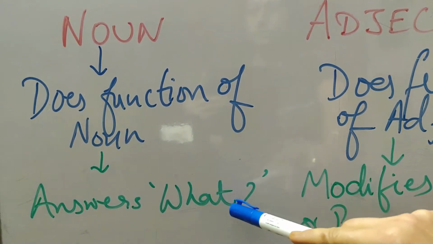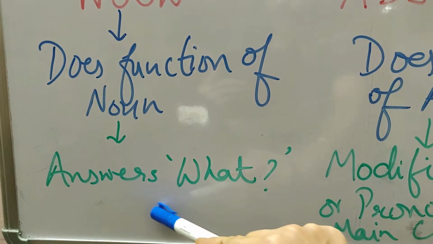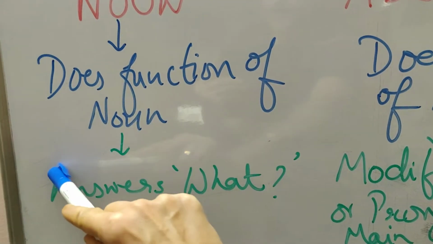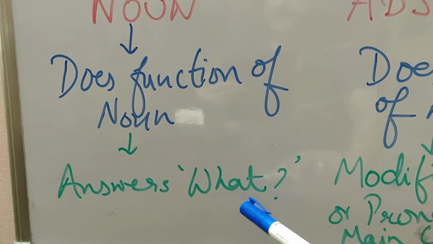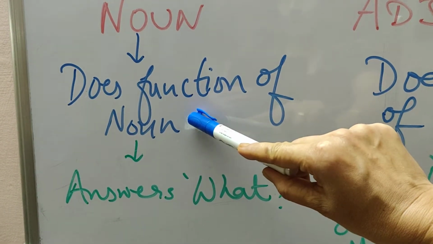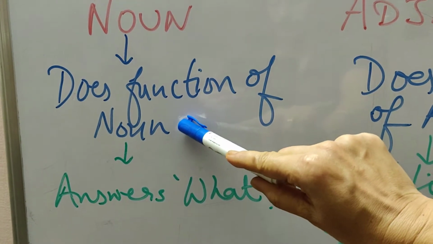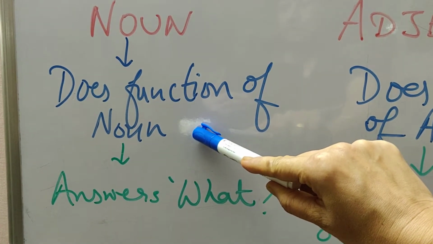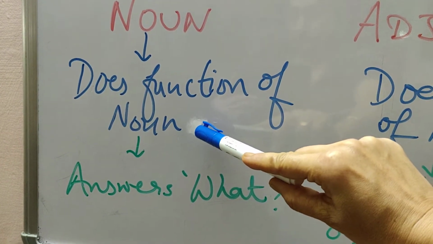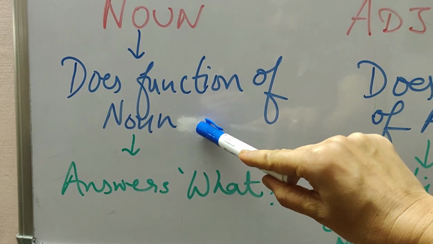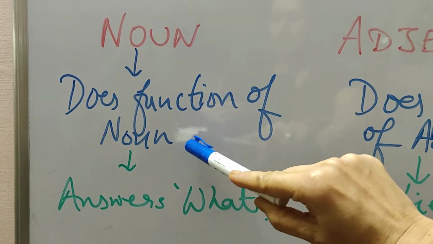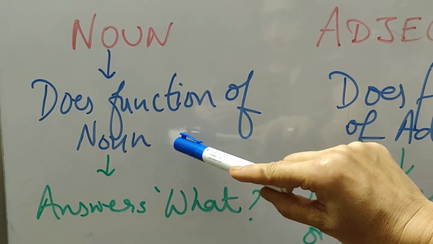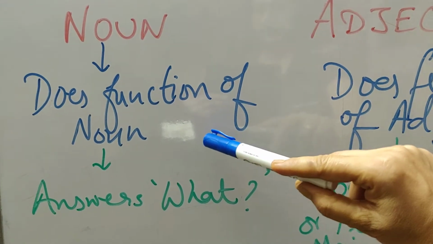Okay. So in general, if you have to understand, you can ask the question what, and a noun clause will answer the question what. And generally the sentences which have a noun clause have the word that. Okay. For example, this is the house that hosted the party.